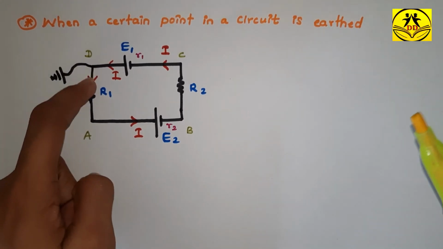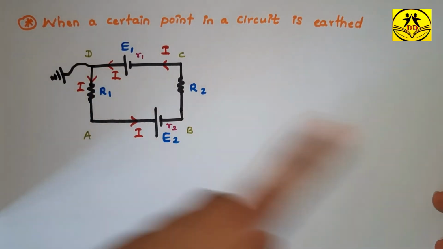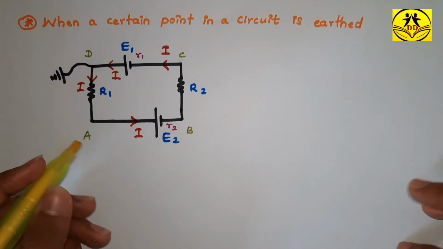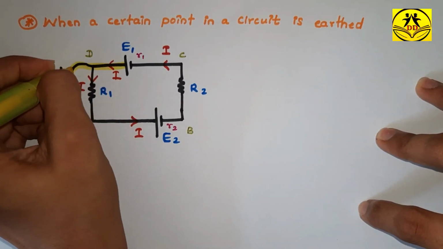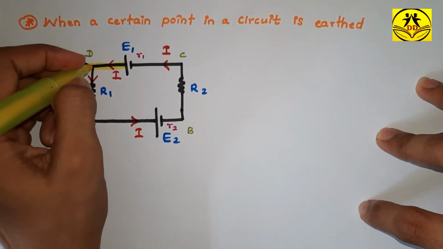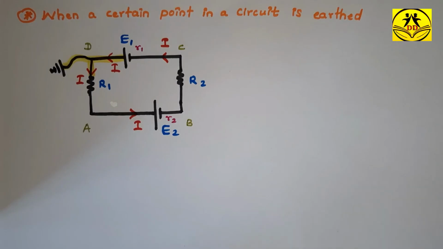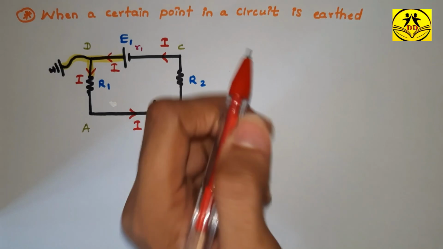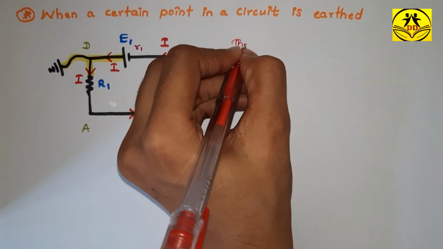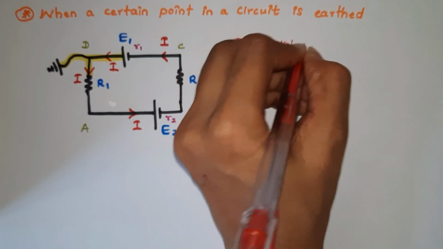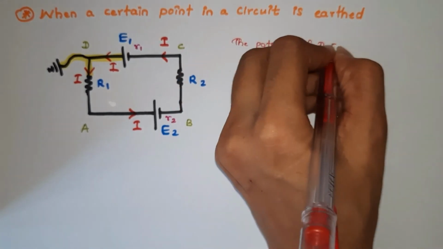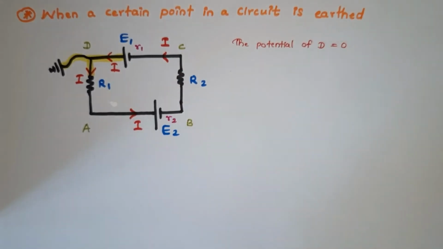The potentials of these points become 0. Like this. Now I color those potentials. The potential of the earth is considered as 0, I hope you know. So what happens? Potential of D equals 0. That's what happens here.